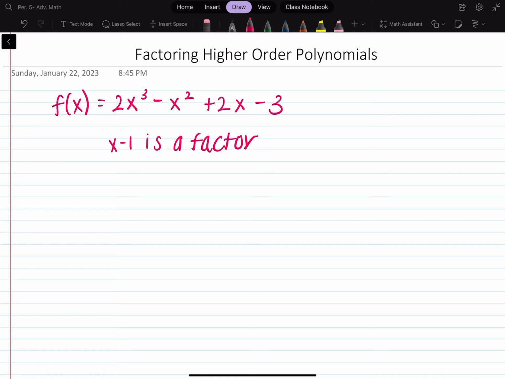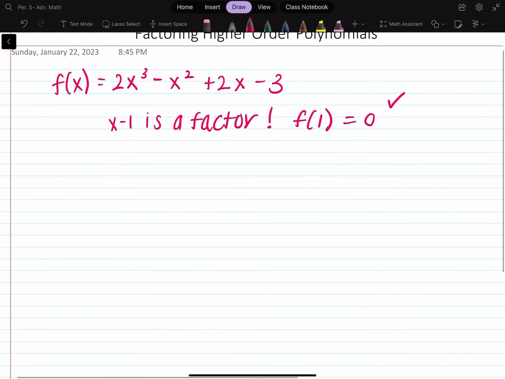And how did we know that it was a factor? Because f of 1 was indeed equal to 0, right? We checked that out. When we substituted in 1 into our polynomial, it gave us a remainder of 0. So we knew that it's a factor. So now that you know that's one of the factors, you can go ahead and figure out the other factor to factor this polynomial completely, which is what we're going to pick up today.